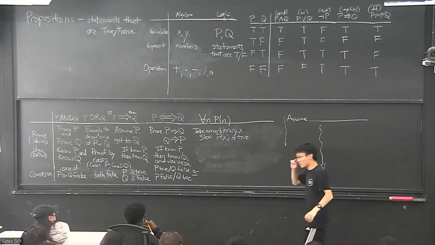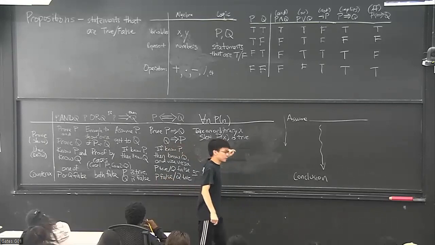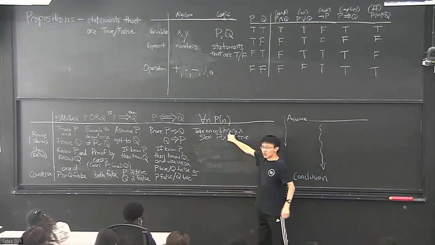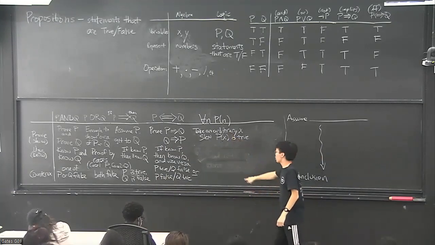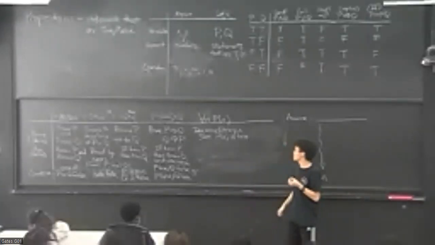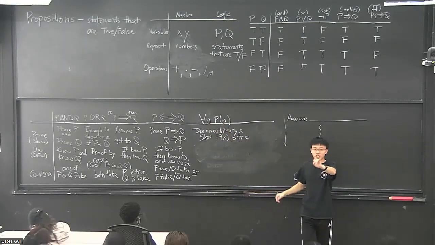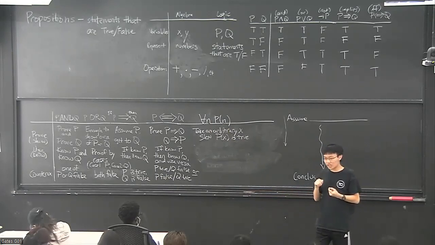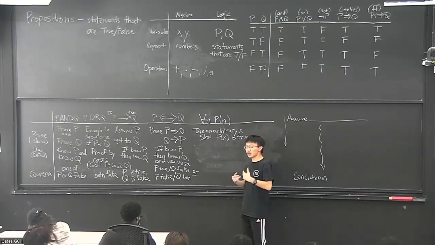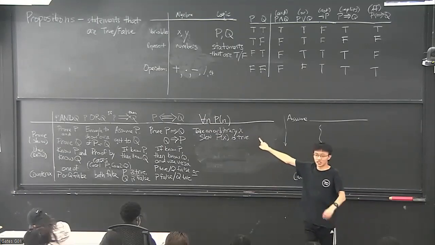In other words, give me whatever you want, I will call it x, and I will show you that the thing you give me satisfies the property P. If you are confident enough to tell the reader, give me whatever you want, I'll call it x and show that that x satisfies the property P, that means you are confident enough to say that every n satisfies P of n. You're telling the reader, give me whatever you want, and I'll show you that it satisfies the desired property. That means that you must be confident that every n satisfies that property. Otherwise, you wouldn't let the reader pick whatever they want.